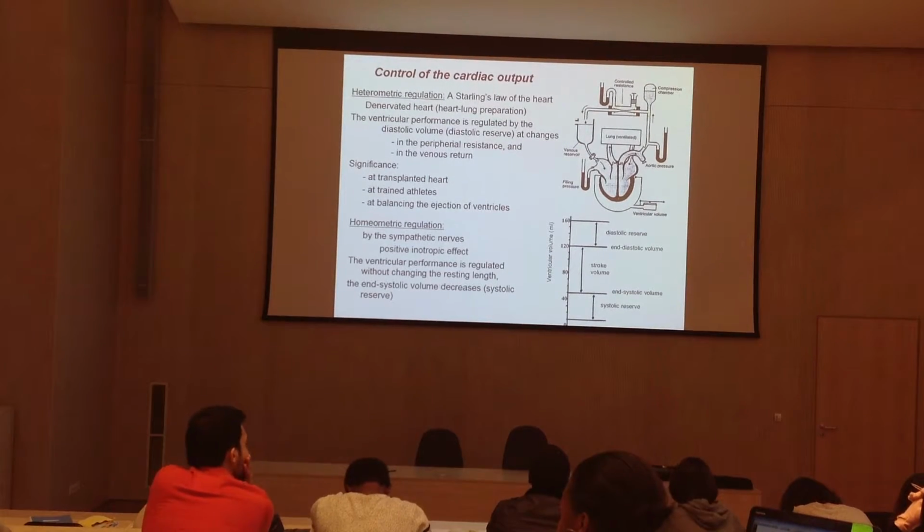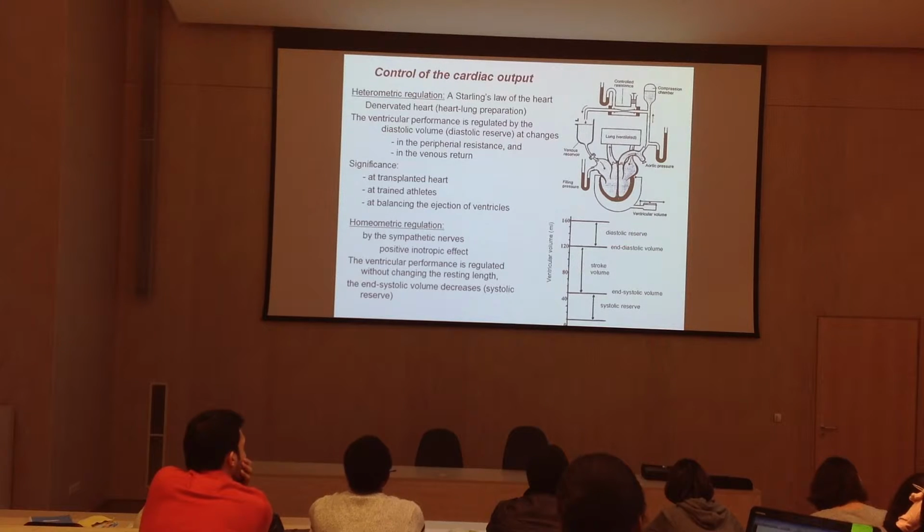So, basically, Starling said that in a denervated heart, where the adrenergic fibers don't do anything, we can increase the cardiac work in case of increased peripheral resistance or increased venous return by increasing the diastolic volume, stretching the fibers and increasing the contractile response.